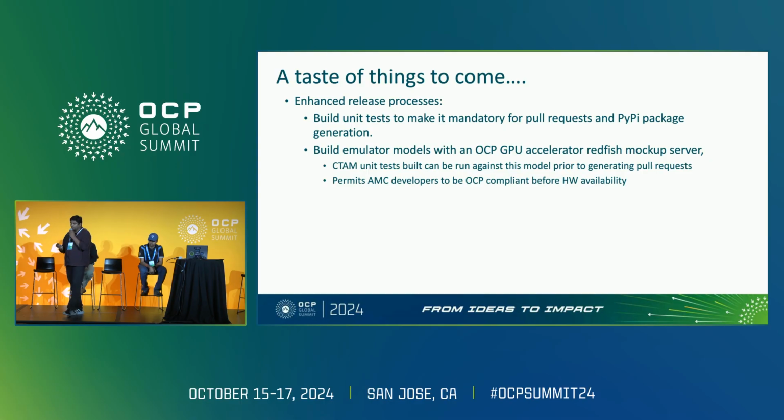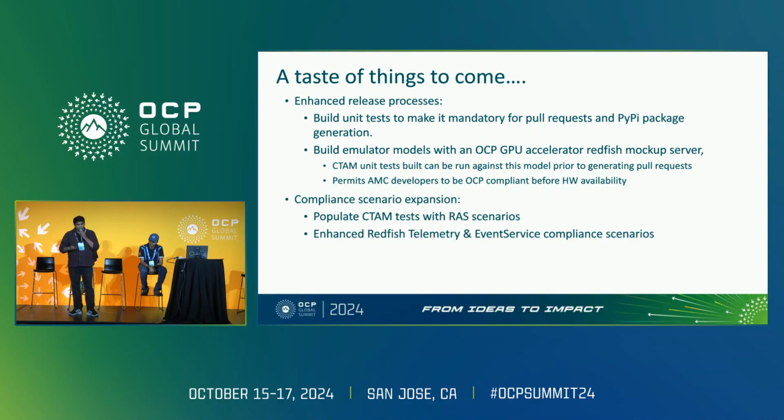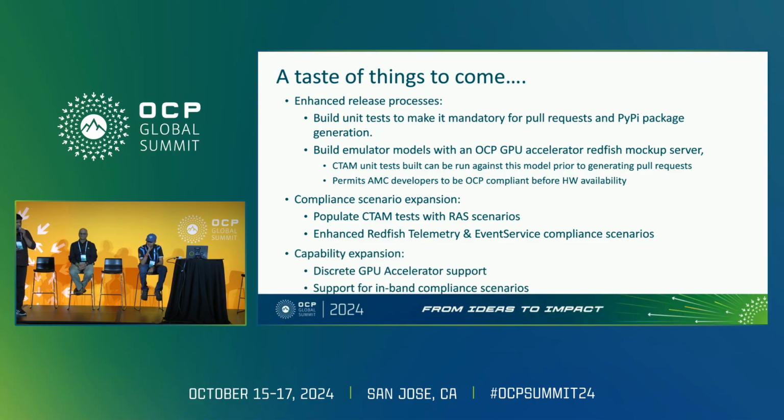We're also looking at ways to make the CTAM tool work with the Redfish mockup server, so you can run pre-hardware availability tests. In terms of the tests themselves, a lot of the investment and discussions are around the RAS spec test cases, but we're also looking at enhancing the Redfish telemetry and the event service compliance scenarios.